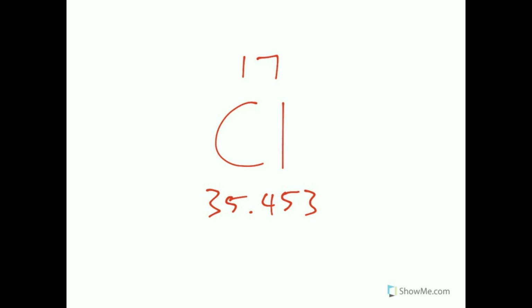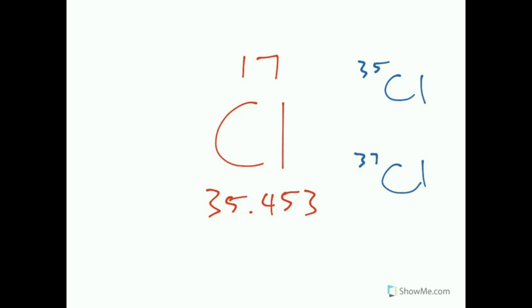Now, of course, you can't get 0.453 of a neutron. But remember, the atomic mass is actually the weighted average of different isotopes. The main two isotopes of chlorine are chlorine 35 and chlorine 37. Now, all chlorine, no matter what isotope, has 17 protons.